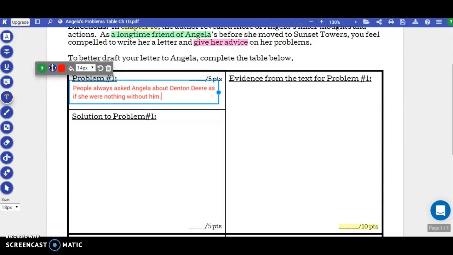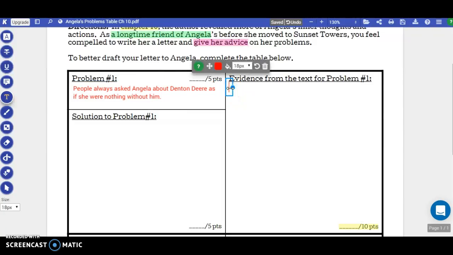Okay, so now I need some evidence. So I'm going to go ahead and add some right here. In chapter 10, Angela's dad asked her about Denton, and she got upset.